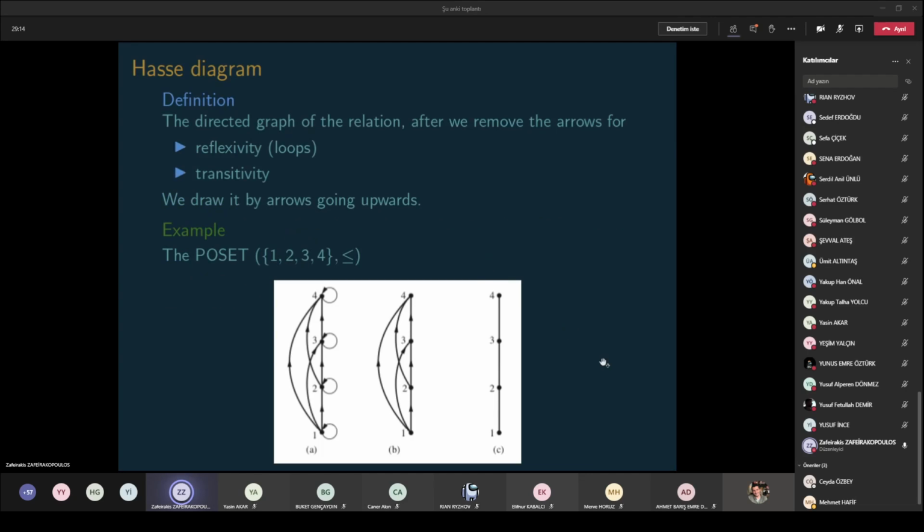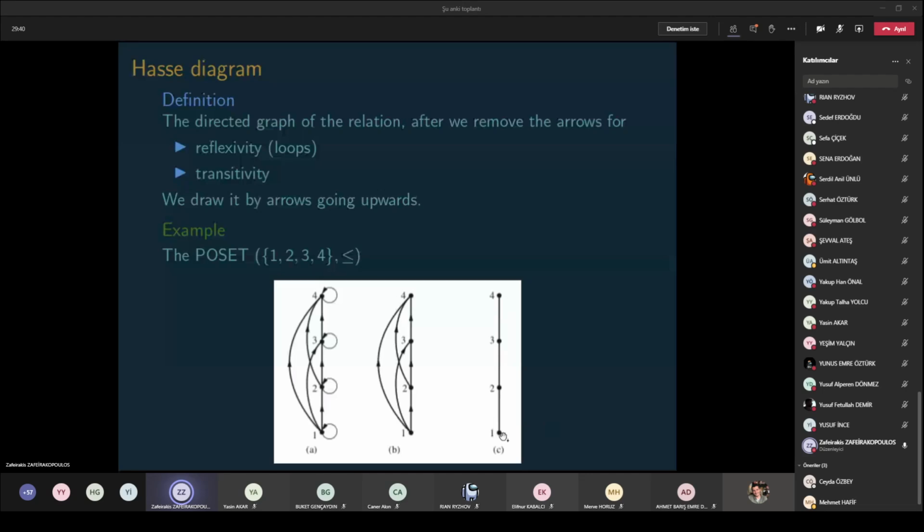So here's an example. If we take the poset 1, 2, 3, 4 with smaller or equal, then this is the graph. So 3 is smaller than 4, 2 is smaller than 4, 1 is smaller than 4, 2 is smaller than 3, okay? But let's remove the loops. We remove these 4 loops, and now we remove the transitivity relations, and we have this, which is much easier to read, right?